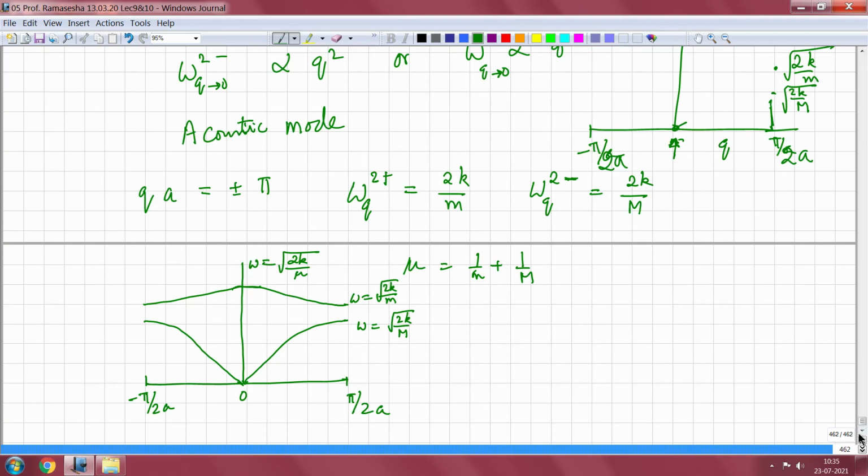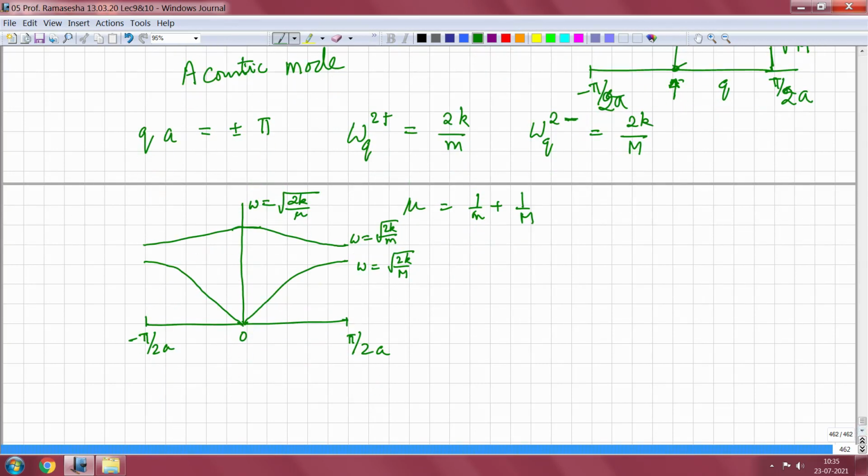So I have now two branches, and in one branch at the zero point, the center of the Brillouin zone, you have rather high frequency, and in the other case it is low frequency. The upper branch is called the optical branch, and the lower branch is called the acoustic branch.